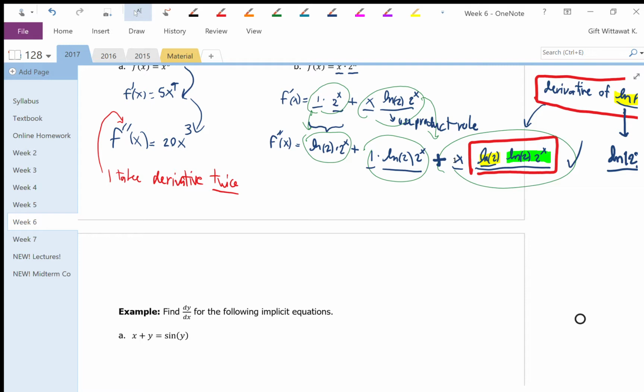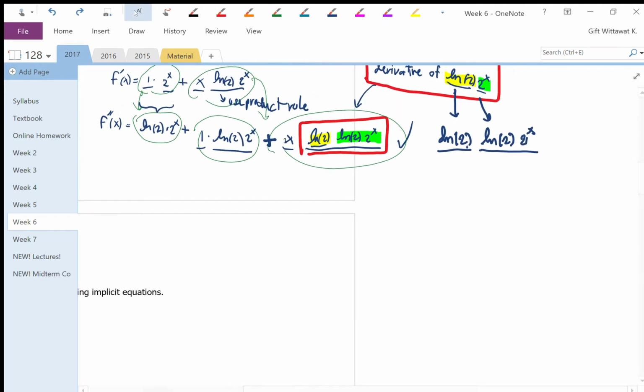So the next topic has to do with functions that are not typical. Usually when you have a function, it looks like this.